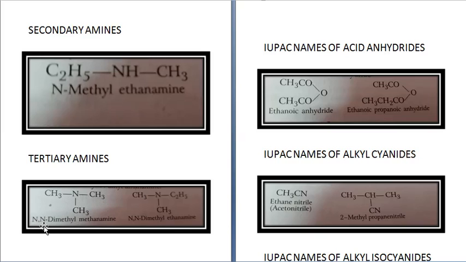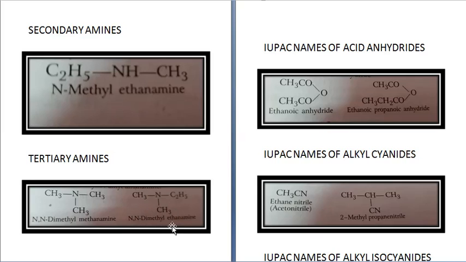So the IUPAC name is alkanamide. See here, CH3, CH, CH3, CH2, CONH2. The parent carbon chain has to include this. So 1, 2, 3, 4. So butanamide.